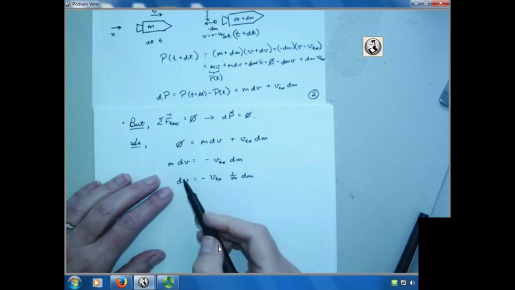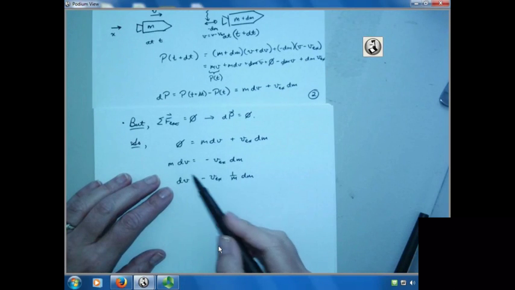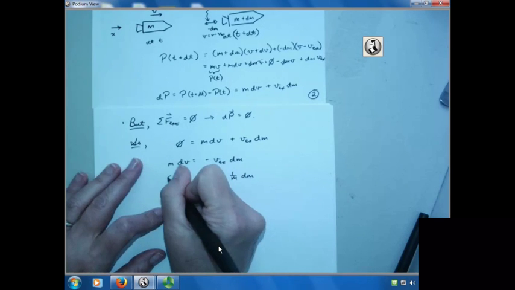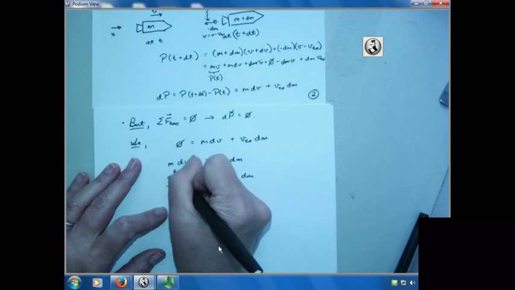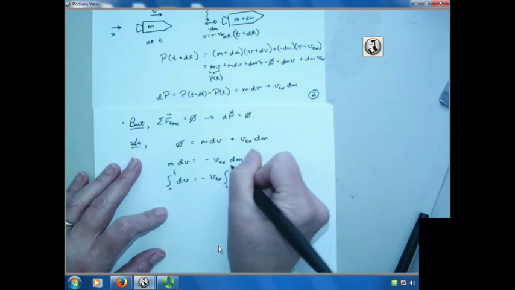So if this increment is equal to this increment, I perform the integrals from initial to final on the left-hand side, and it'll be equal to the integral on the right-hand side from initial to final. The exhaust speed is constant.